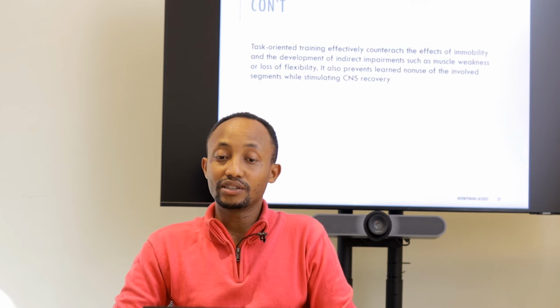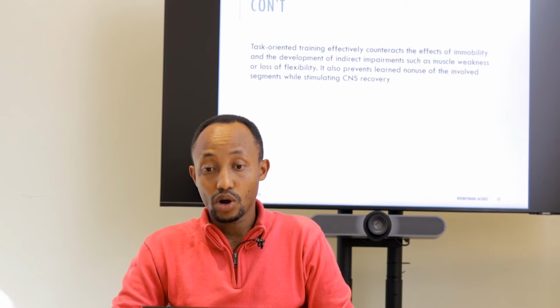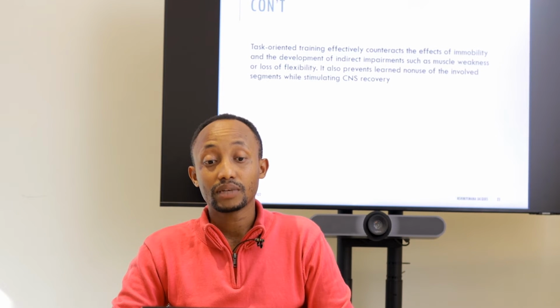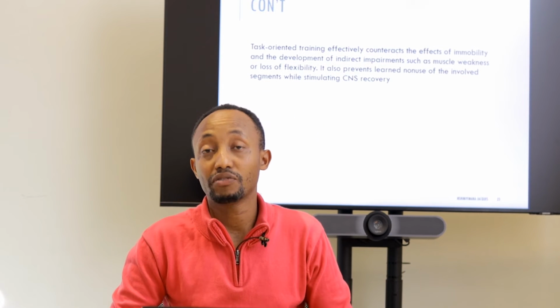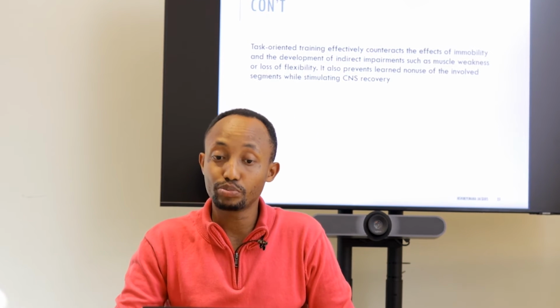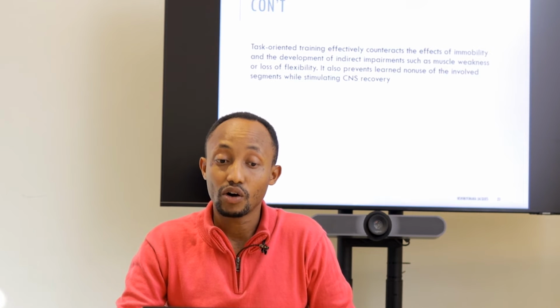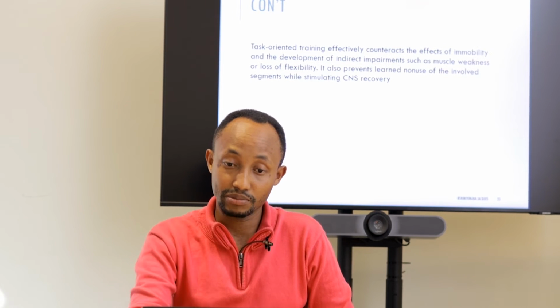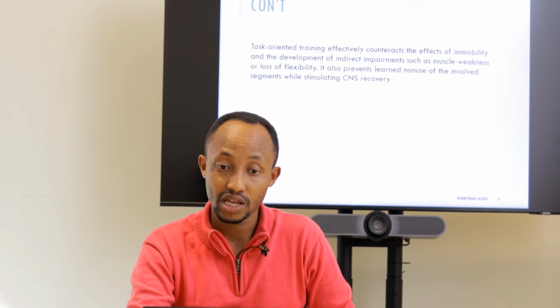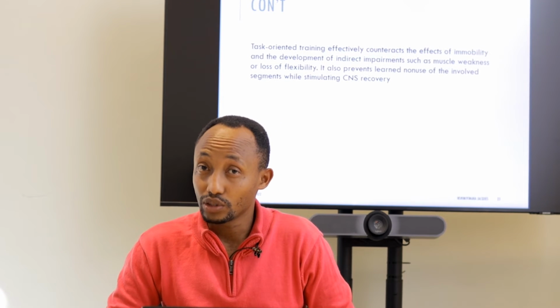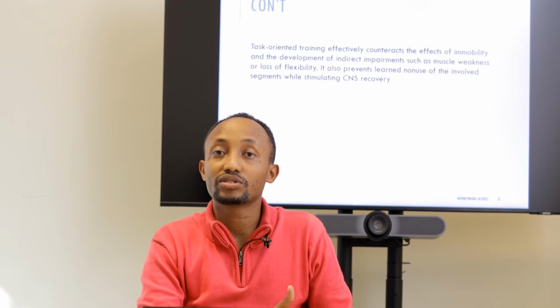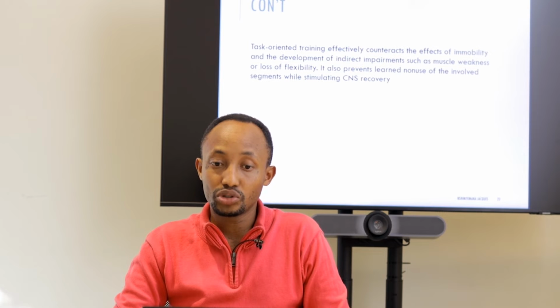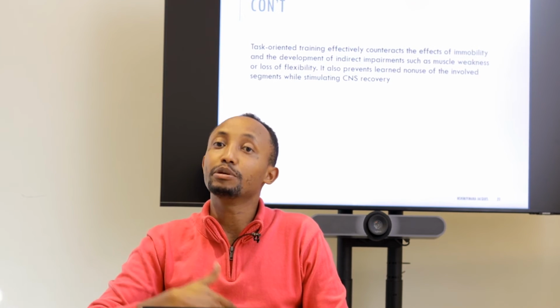So task-oriented training effectively counteracts the development of indirect impairments such as muscle weakness and loss of flexibility. It also prevents learned non-use of the involved segment while stimulating the central nervous system. So here, there's what we call learned non-use. There's a possibility of the brain learning not to use an area because, let's say, someone has had a hemiplegia.